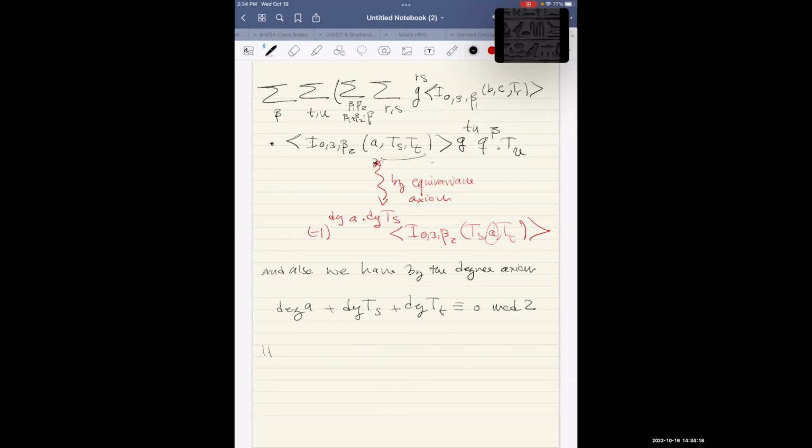Then it follows that I03 beta 2 A T_S T of T is going to be (-1) to the degree of A times (degree of T_S plus degree of T_T) times I03 beta 2 T_S A T of T.